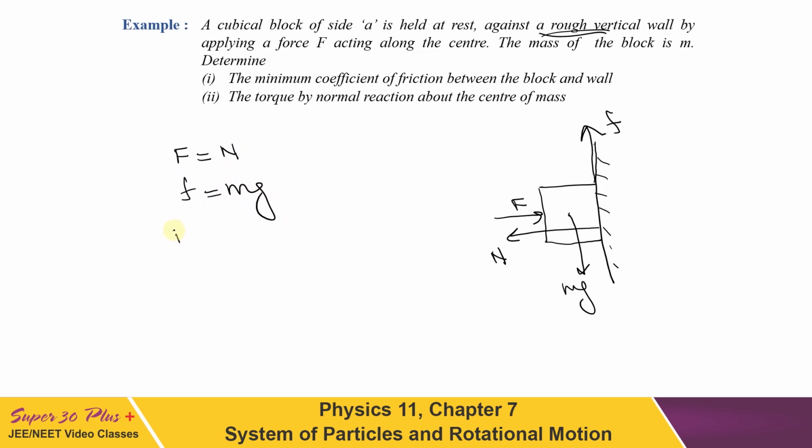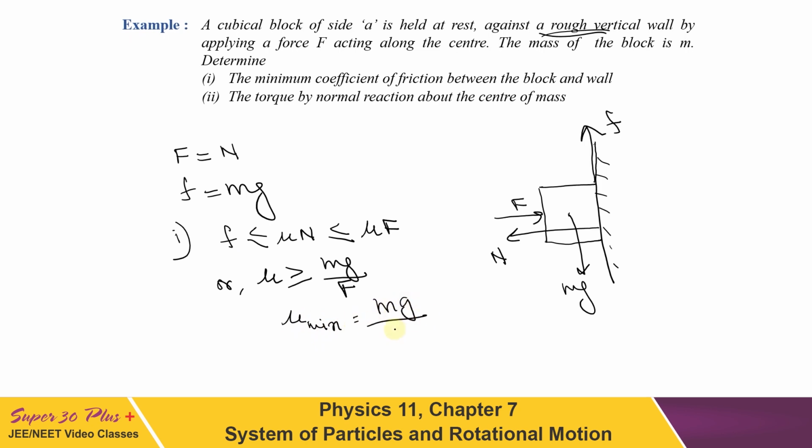But as we know, I am doing the first part, as we know that friction f has to be less than or equal to mu N, so it has to be less than or equal to mu F, or we get mu greater than or equal to mg upon F, because f has the value mg here. So mu has to be greater than or equal to mg by F, and we can write the minimum value of mu equal to mg upon F, which is our part 1 solved.